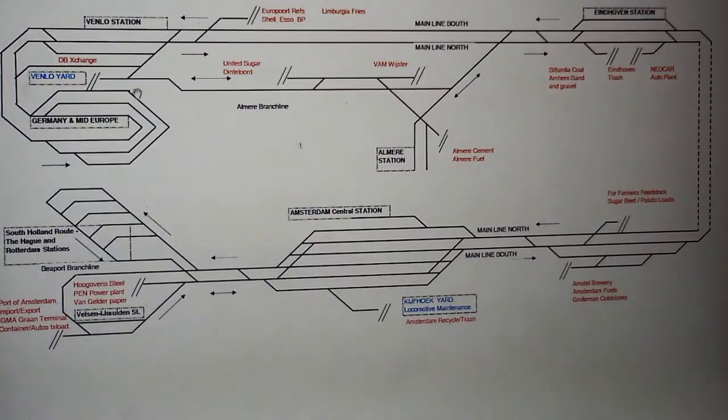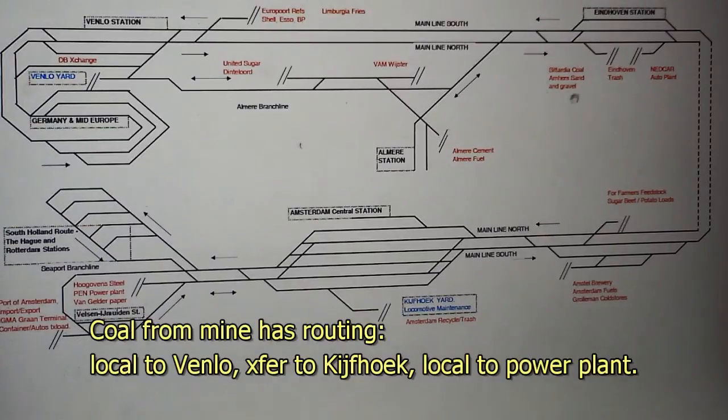So we have basically an industry. Let's have a look here, Sitardia coal. That's a coal mine. Basically, it will fill cars here. A local will bring them back to Venlo yard, where they're classified and put onto a yard transfer train.